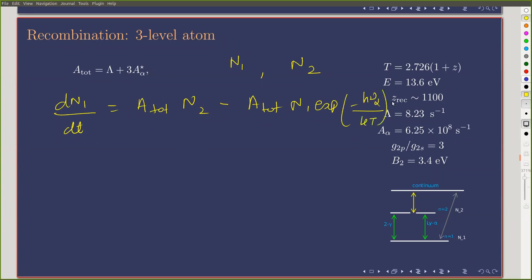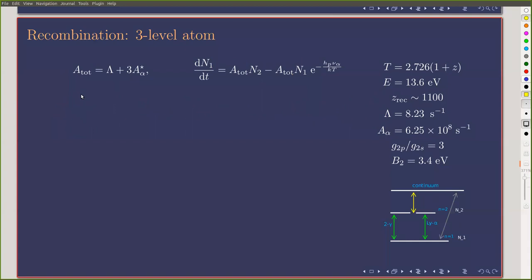So this is the frequency of Lyman alpha transition. Now, if these two states were in Boltzmann equilibrium, this factor would be 0, but that is not the case here. So this is the evolution of the ground state.